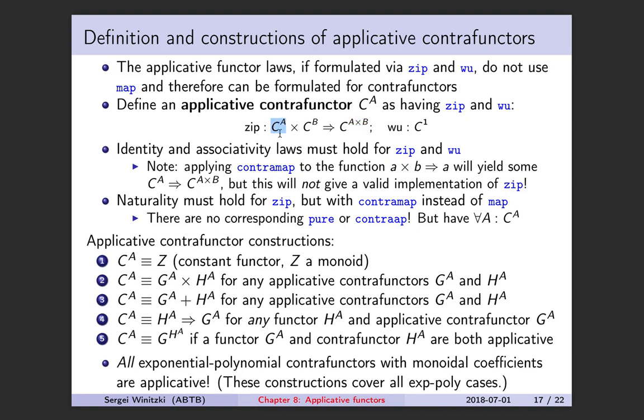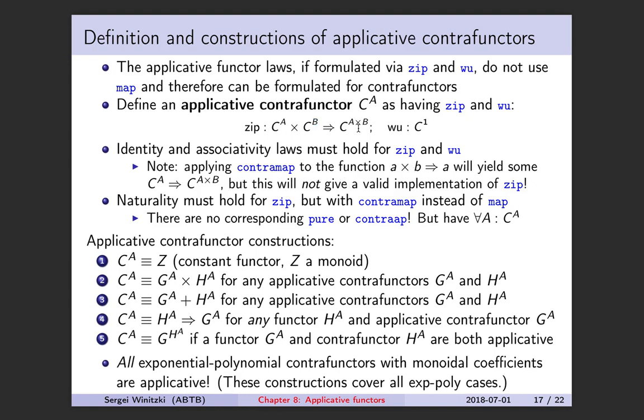You take the CA, you just contramap it, and you get CAB. But that's invalid as an implementation of zip, because it loses information about CB. And we know that would violate the left identity law. If you put identity here, you should reproduce CB on the right-hand side, but you lost all information about it.